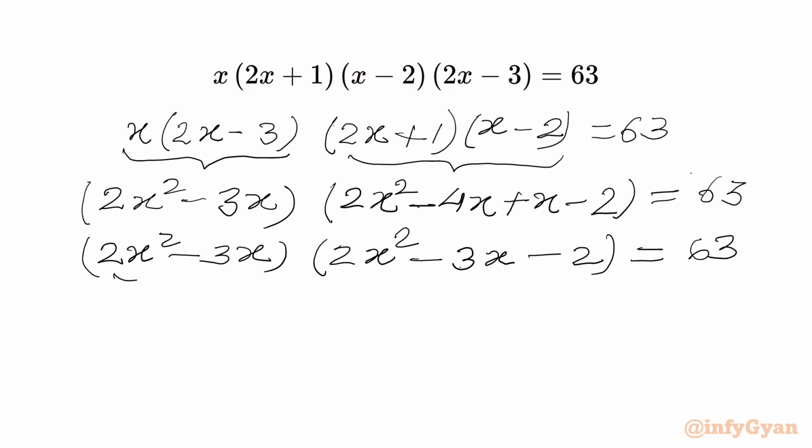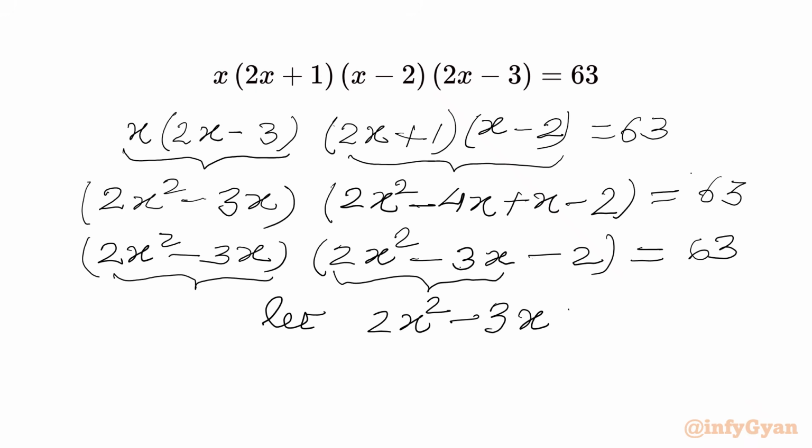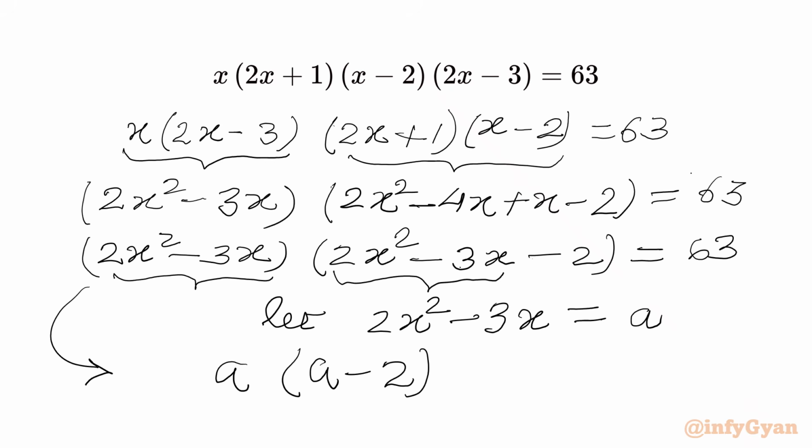Now we can assume 2x square minus 3x equal to a. So let me write here 2x square minus 3x equal to a, suppose. So we can write the equation a times a minus 2 equal to 63.